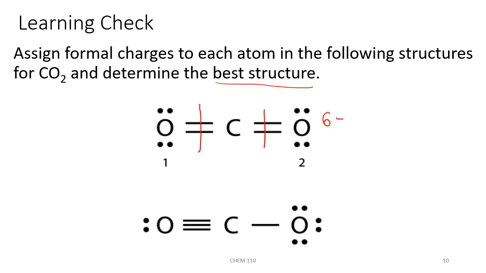We're going to subtract off how many associated electrons it has. Associated electrons are all of the non-bonding, so notice it has 2 non-bonding electrons right here and 2 non-bonding electrons right here, so there's 4 non-bonding electrons, and then half of the bonding electrons. So if we were to cut those bonds in half, 1 electron would go to the carbon, 1 electron would be associated with the oxygen.